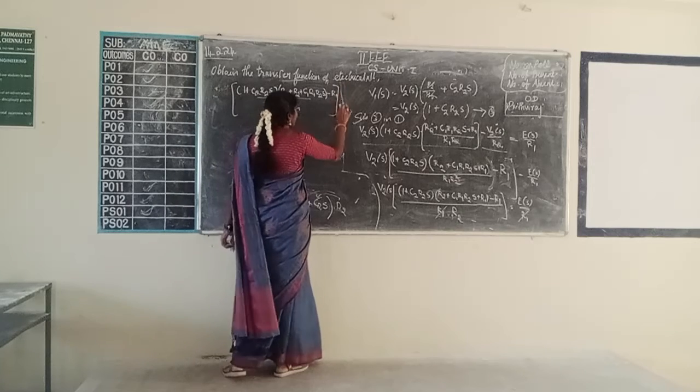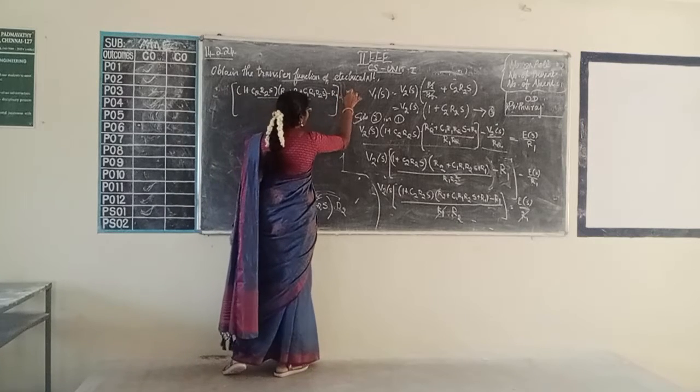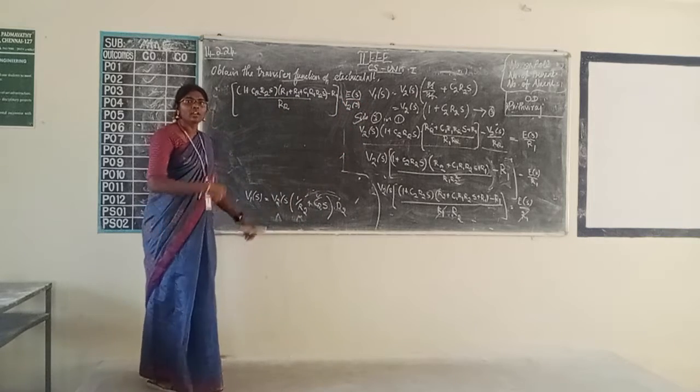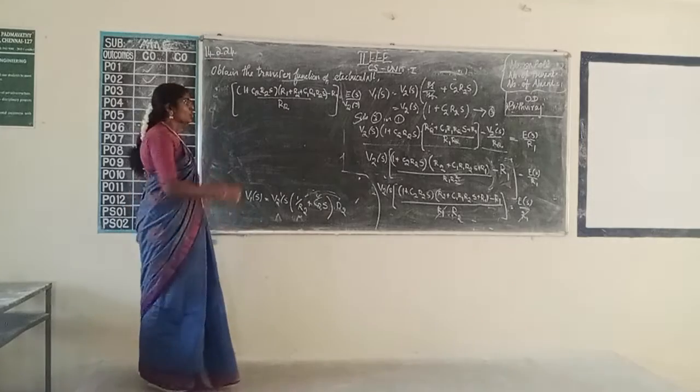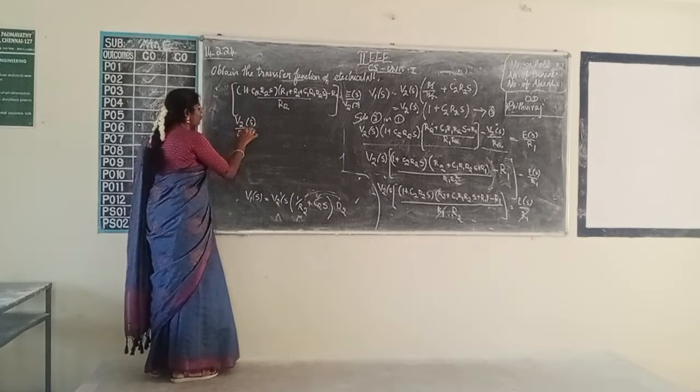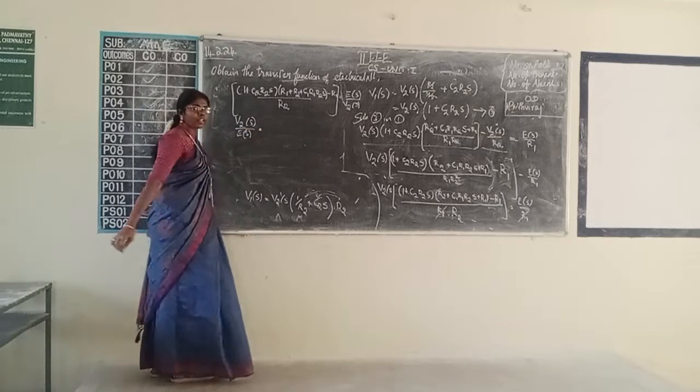What will be the right hand side then? E of S and V2 of S will come to the denominator. But what is our transfer function? V2 of S by E of S. So what we have to do is just take the reciprocal of both the left hand side as well as the right hand side.